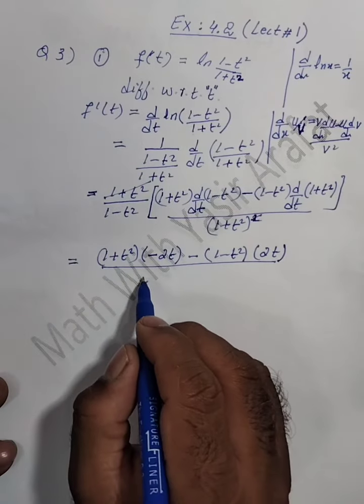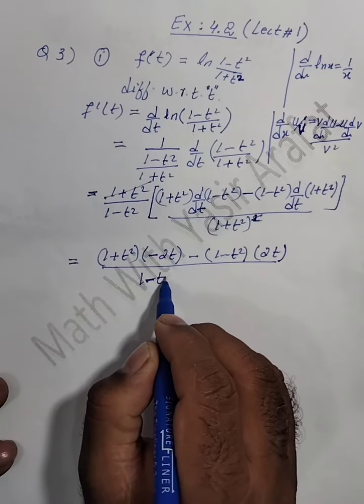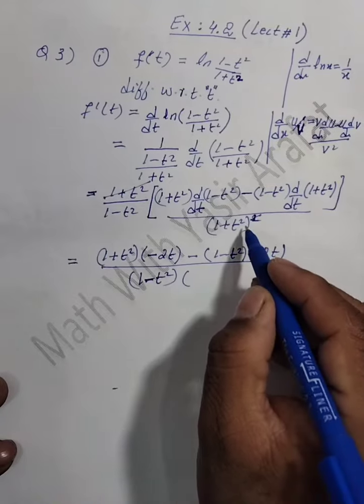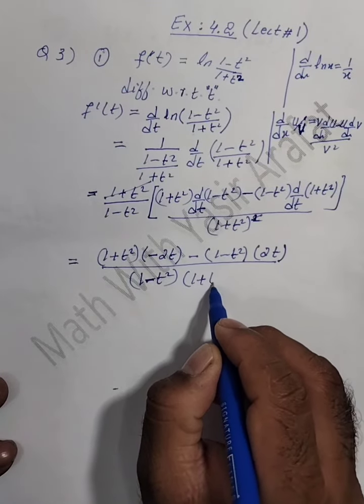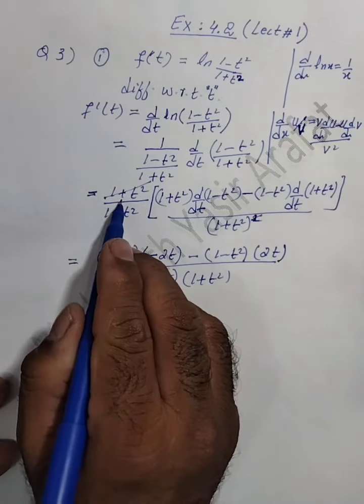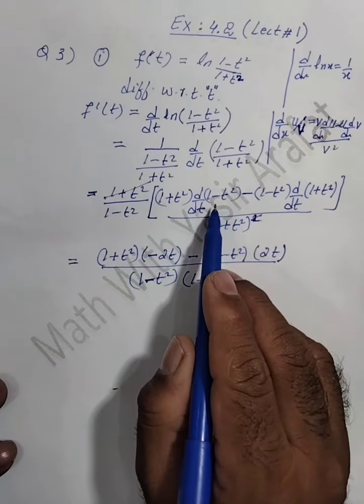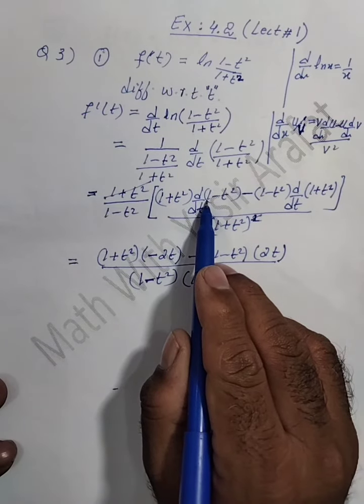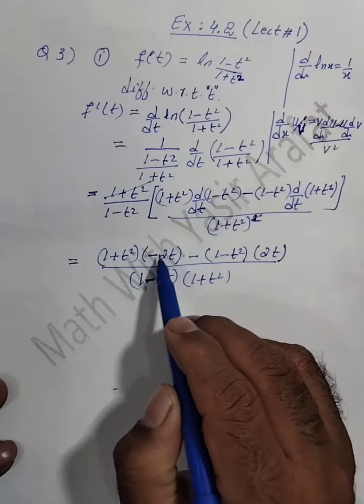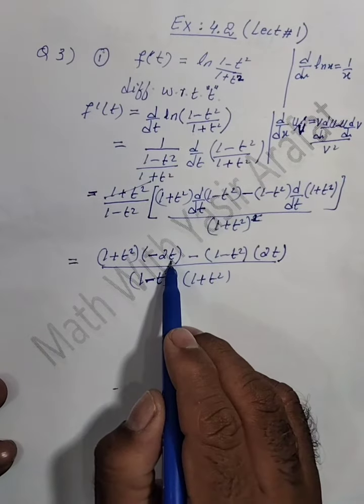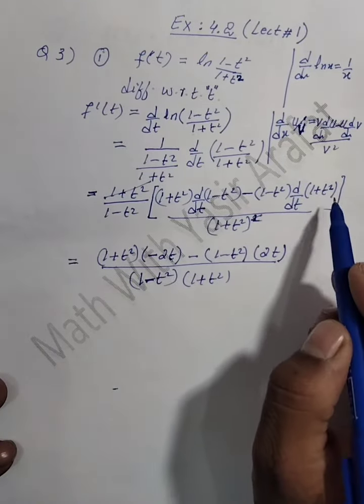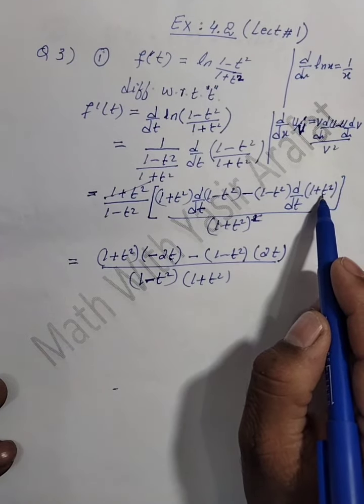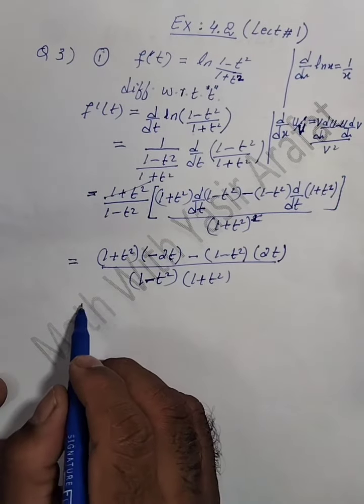And this is 1 minus t square, this is 1 plus t square. One factor will cancel out. Again see this, students, the derivative of 1 is 0, minus remains the same, and the derivative of t square will be 2t.